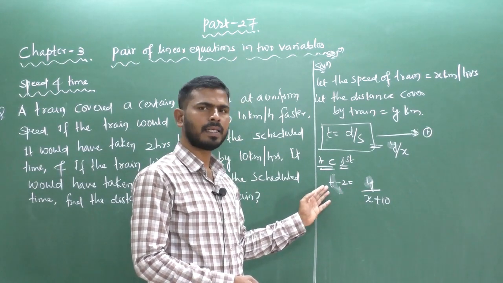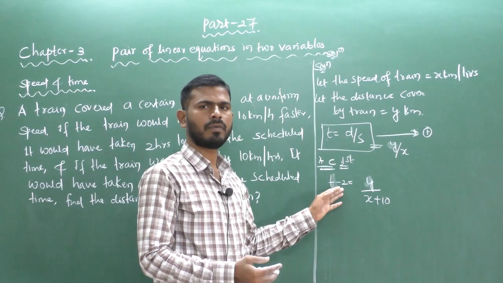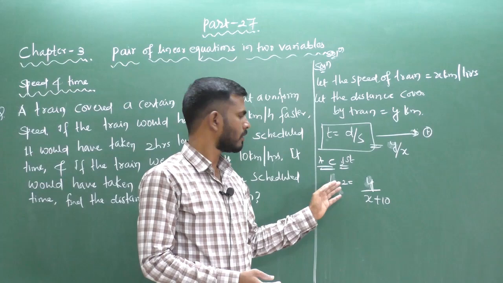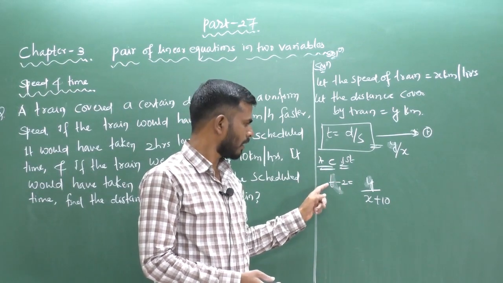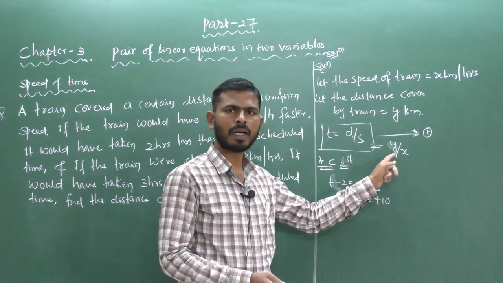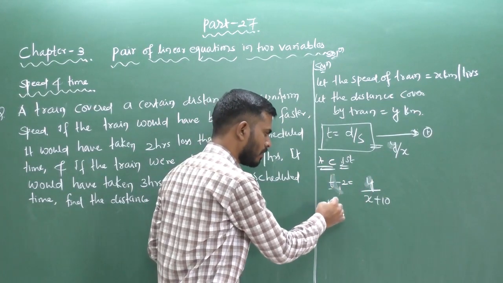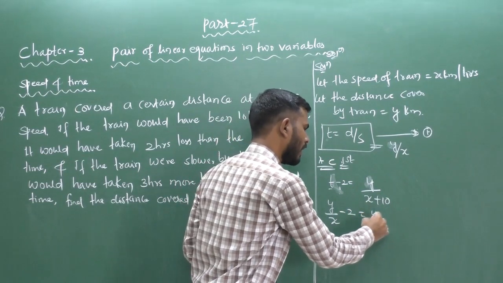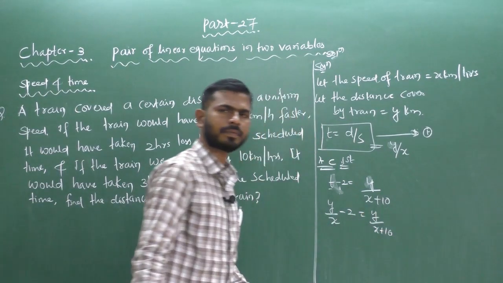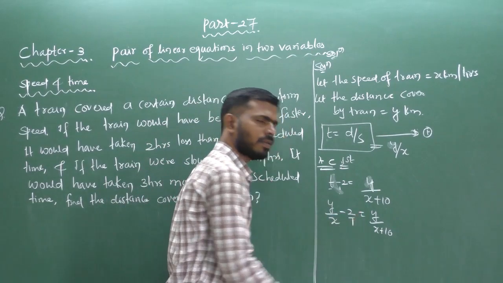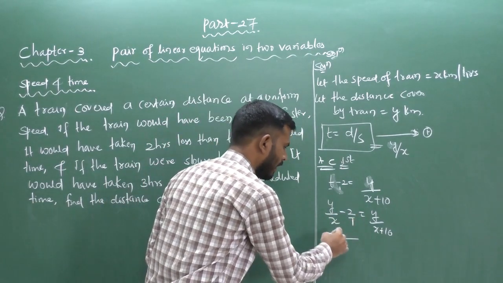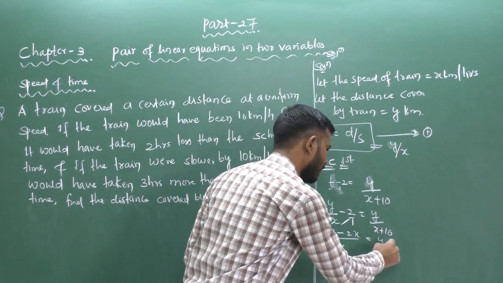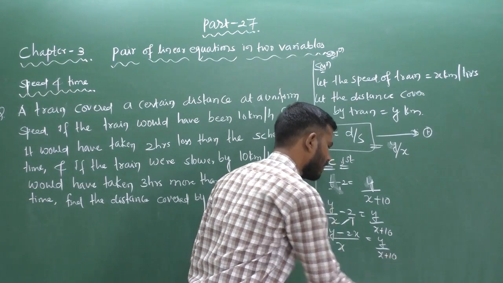So time is t as it is, the scheduled time, but instead of that it will take 2 hours less. So less means minus 2. See here, t equal to what you got in equation 1, y divided by x. T means you take here y by x minus 2 equal to y divided by x plus 10. Next, LCM is x, cross multiplication gives y minus 2x equal to y divided by x plus 10.